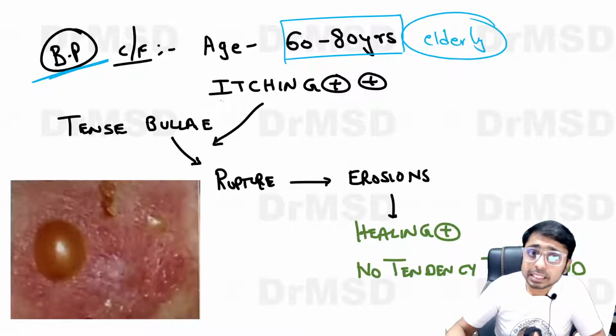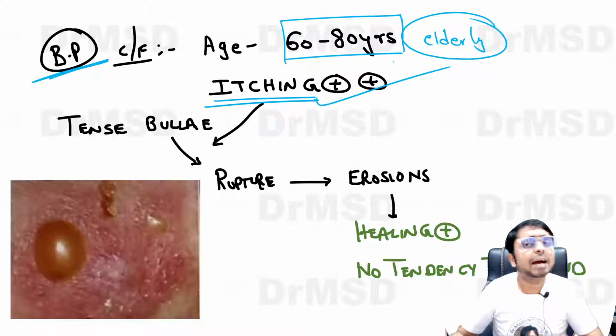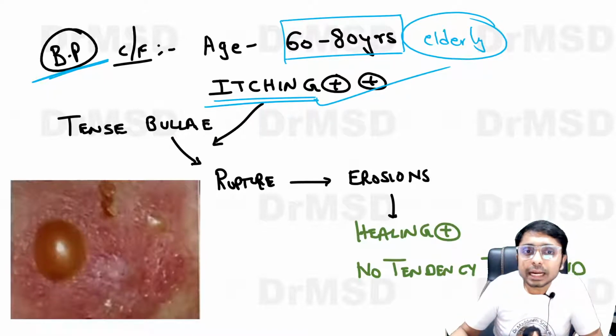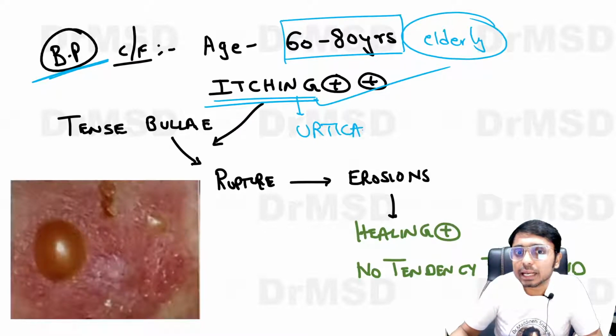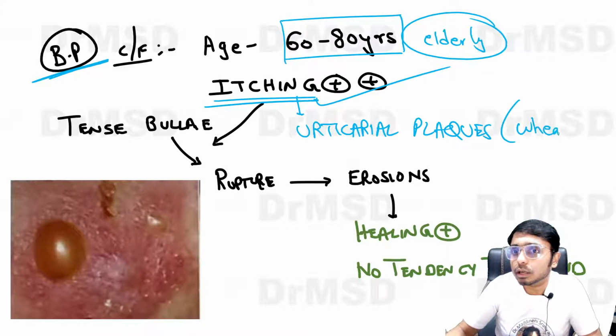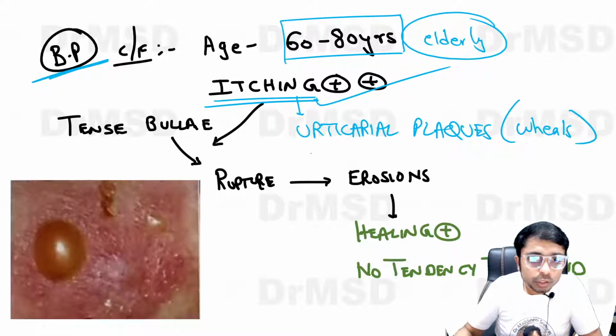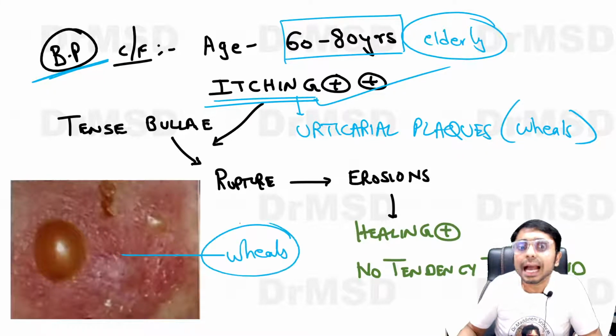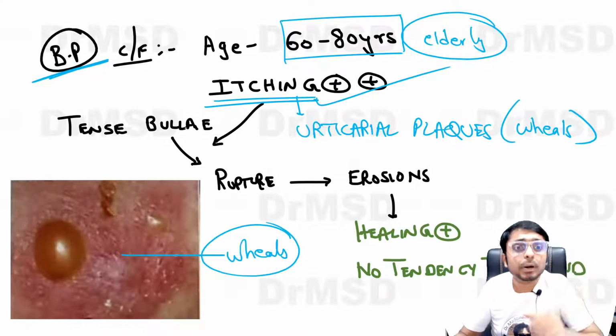Elderly patients will present with itching, followed by formation of urticarial plaques, that is wheals. You are able to see these wheals, and these wheals will be topped by bullae.